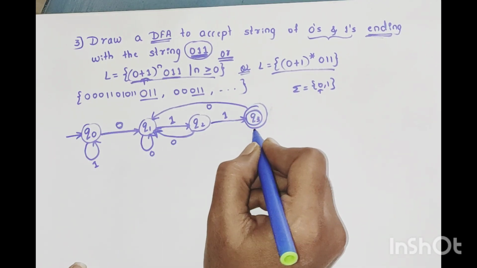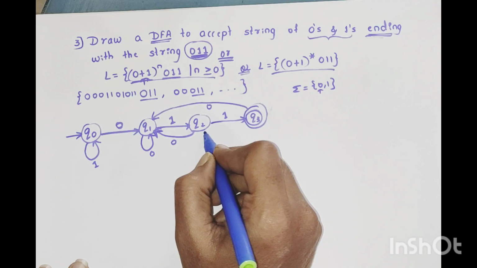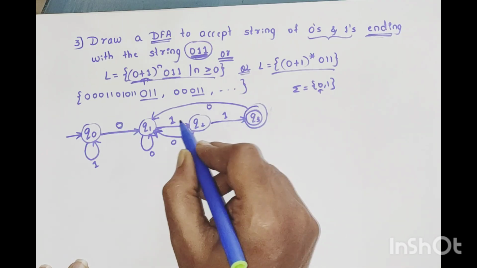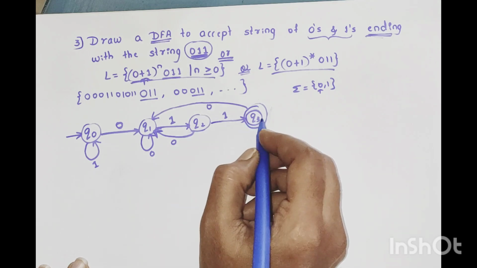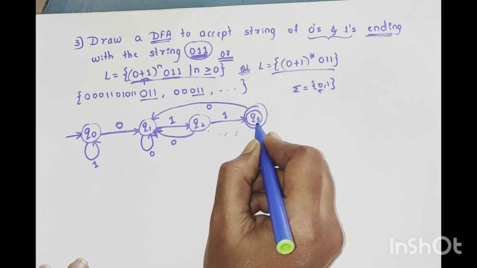So hence the given condition will not further fail. Then what about the 1 transition from this Q3? If I take 1 here, then there is a possibility of ending with 1 1 1 1, only 1 1 1 1 combinations. So hence I can't take the 1 transition from Q3 to Q2.